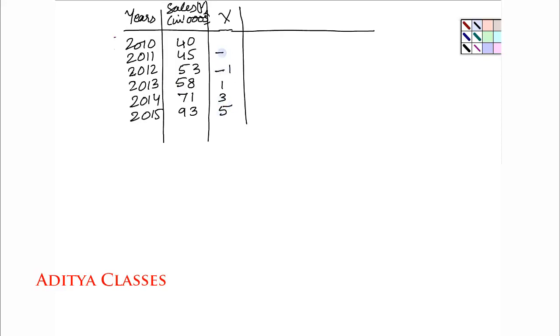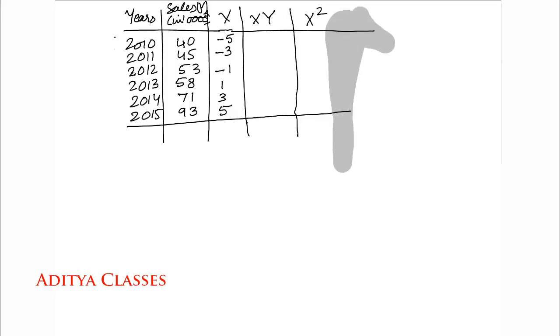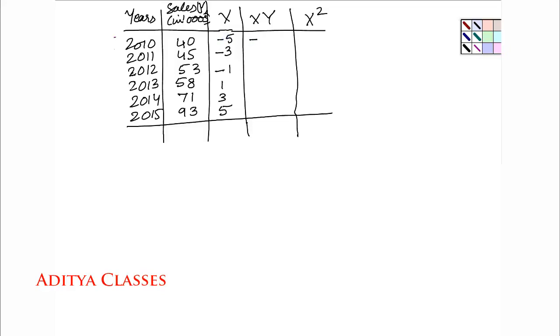On the downward side I have -1, -3, -5. So I have y, I have x. I'll be needing xy and I'll be needing x square. And then I'll be needing summations of all these values. xy would be 40 multiplied by 5, that is -200.